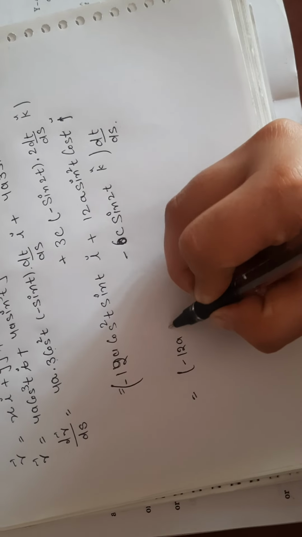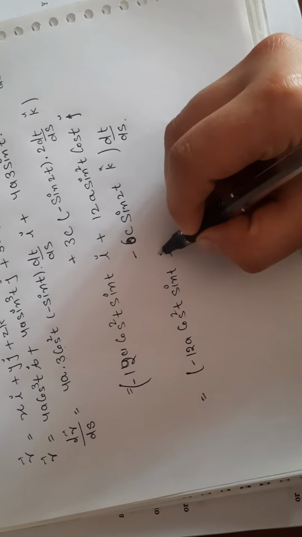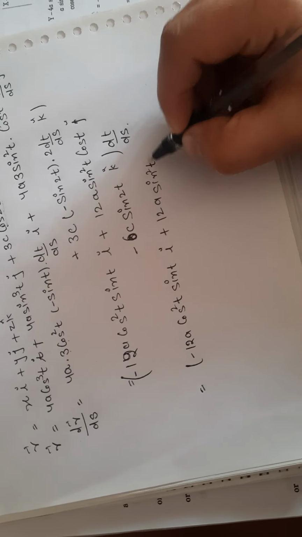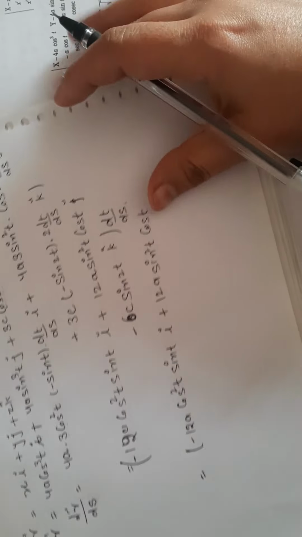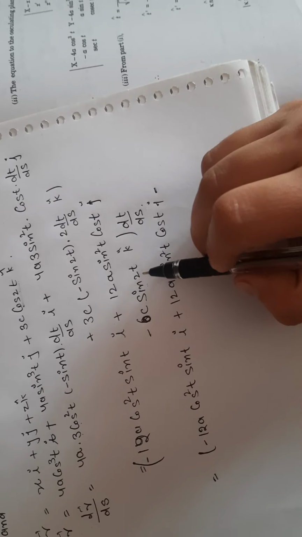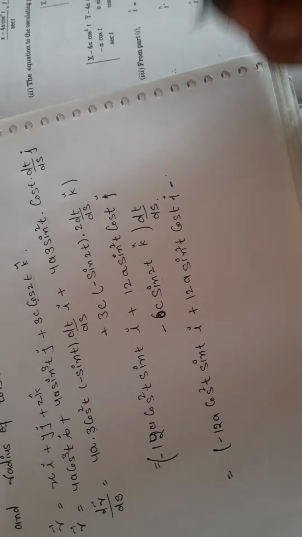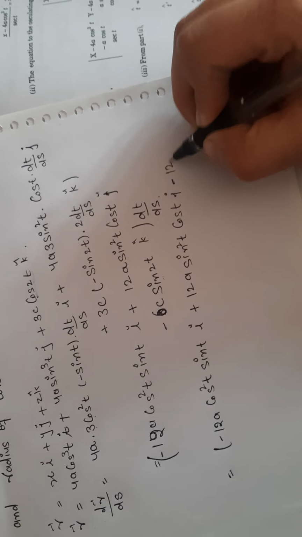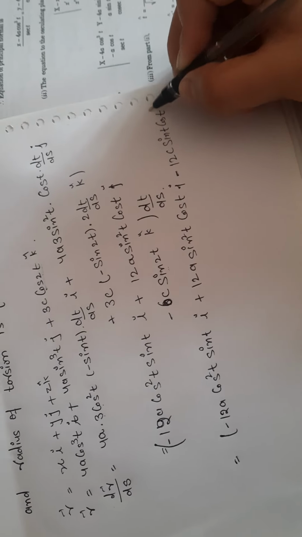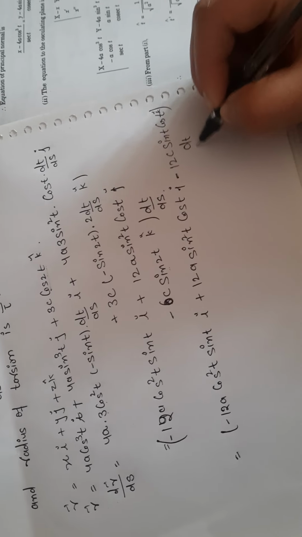That is minus 12a cos square t sin t i plus 12a sin square t cos t j, minus, here I am expanding, sin 2t is 2 sin t cos t, so 12c sin t cos t k, times dt by ds.